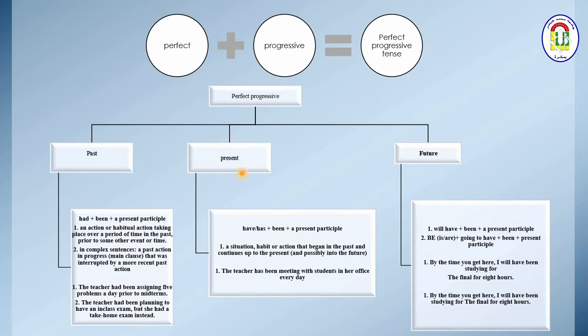Let's see the present perfect progressive. The present perfect progressive tense is have or has plus been plus a present participle.